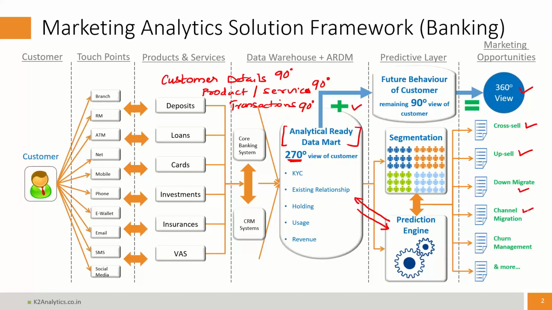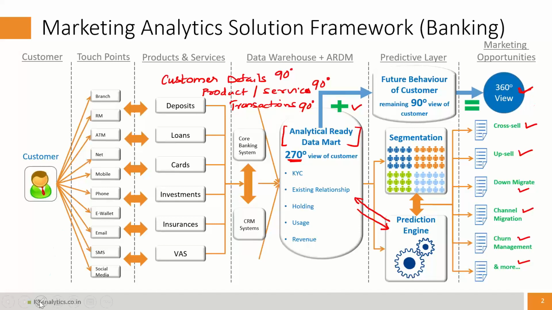We may want to move the customers to low cost transacting channels. We may want to find out customers who are likely to churn from the system. And there are many other objectives which can be served. And this entire 90-degree perspective of predicting the future behavior, taken together with the 270-degree perspective of what the customer has already purchased and what is the behavior on that, forms your 360-degree view.